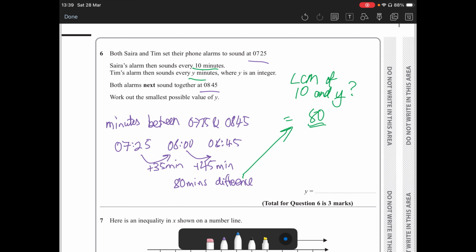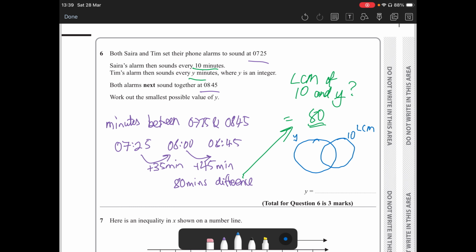Now, I want to show you a different way we could have got this answer. Lowest common multiple questions, usually Venn diagrams help. Remember, LCM is when you multiply all the numbers. Now, we know 10 and we know y.